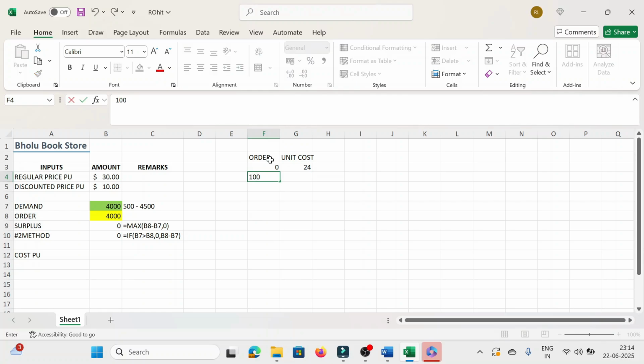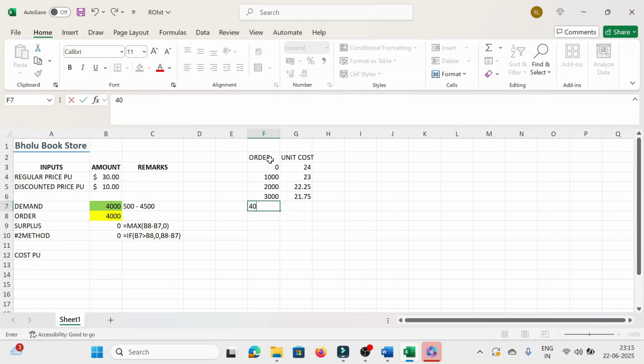If it is 1000 or above, it would cost $23. If it is 2000 or above, it would cost 22.25. If it is 3000 or above, it would cost 21.75.